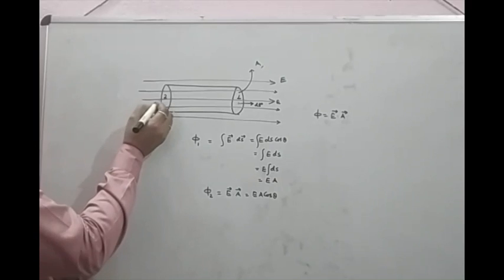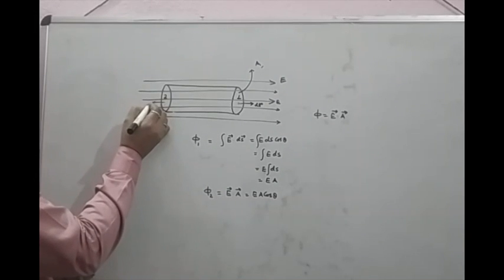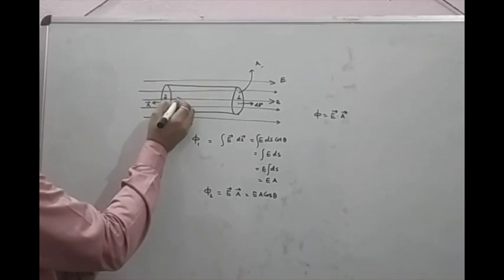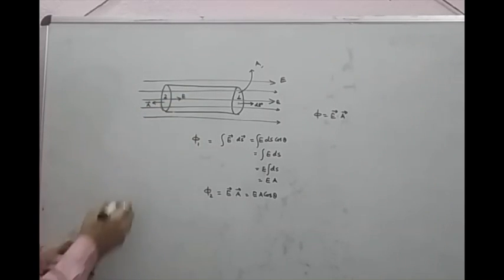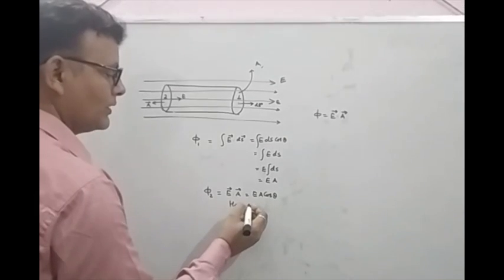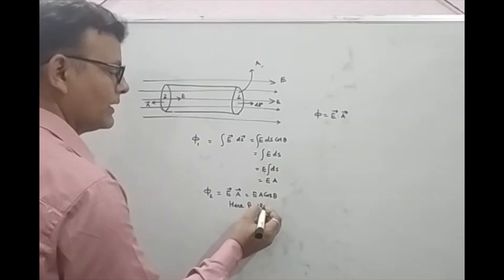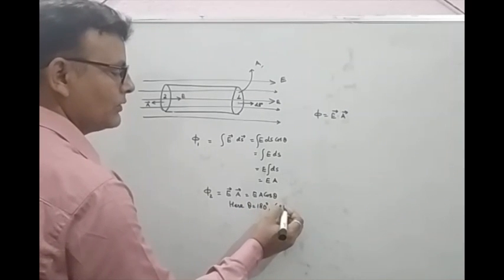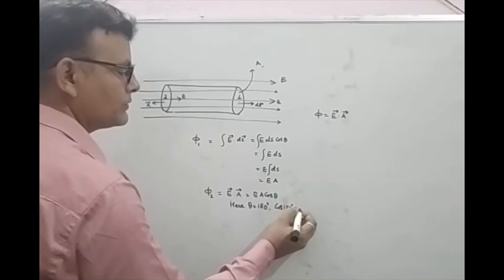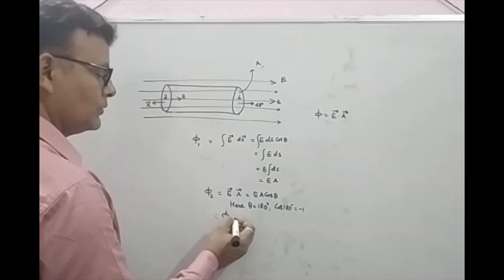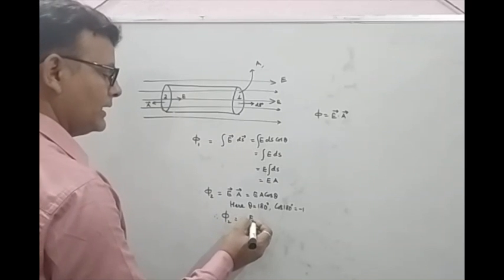Here area vector is along this direction, this is A vector, and direction of electric field is along this direction. Here angle theta is equal to 180 and cos 180 is equal to -1. Therefore phi 2 is equal to minus EA.